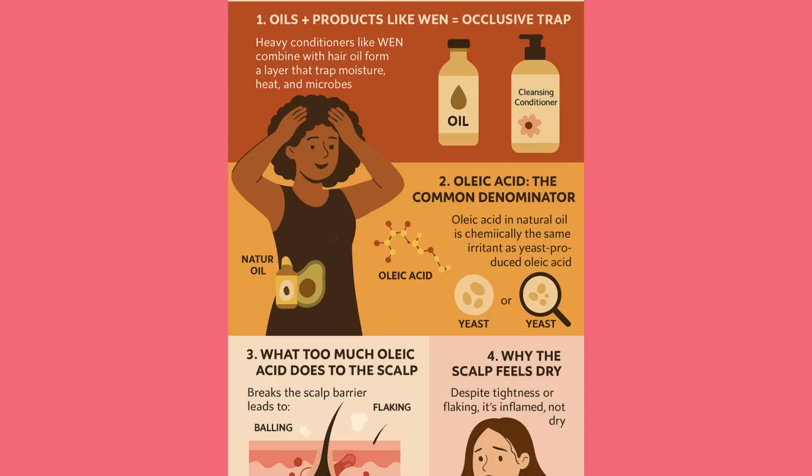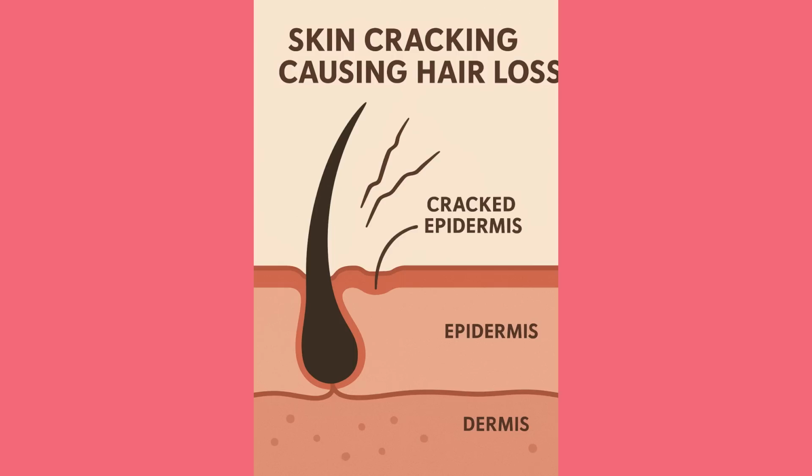And what you think is dry scalp isn't actually dry scalp. What you see as dry scalp is actually your skin's barrier on the scalp being broken down. And I'm going to give you a visual representation of that in a second, but I really need you to understand that. So when you see all of the flakes, that's not dry scalp.